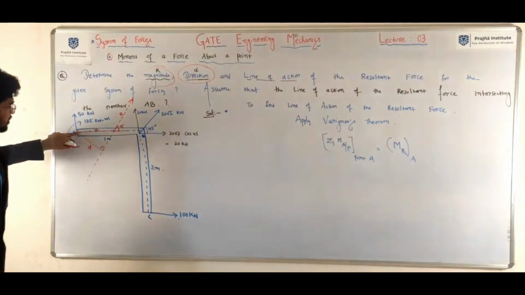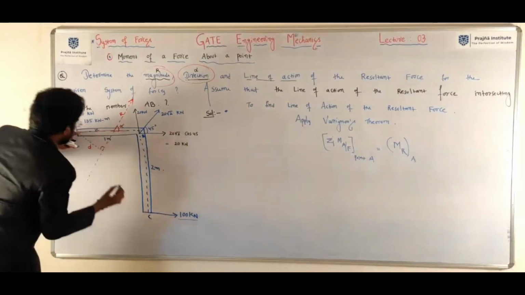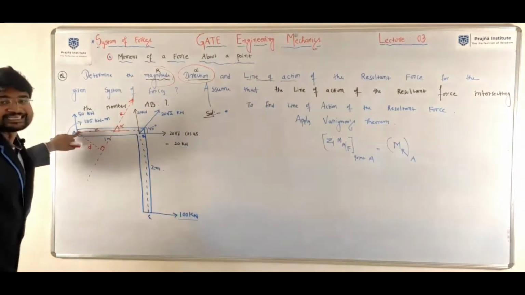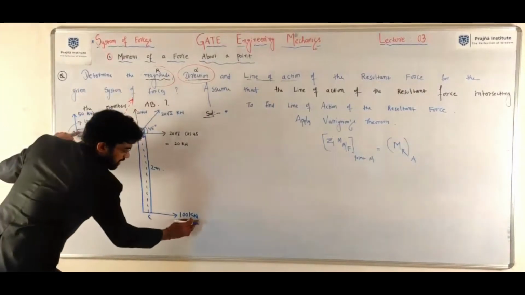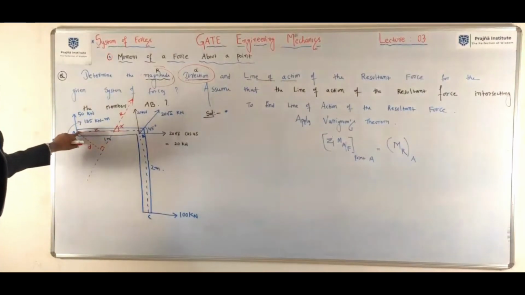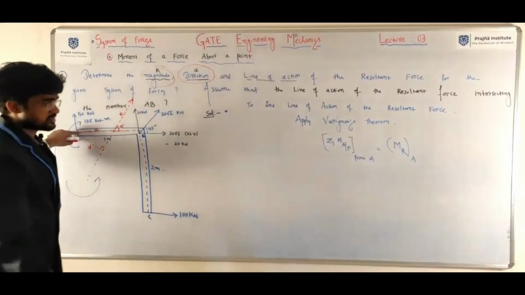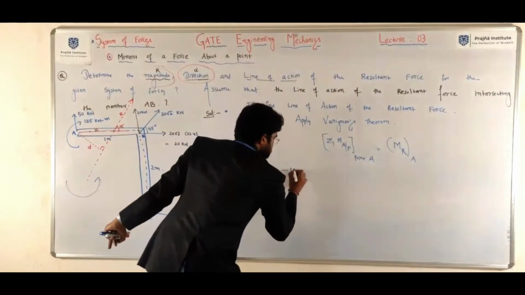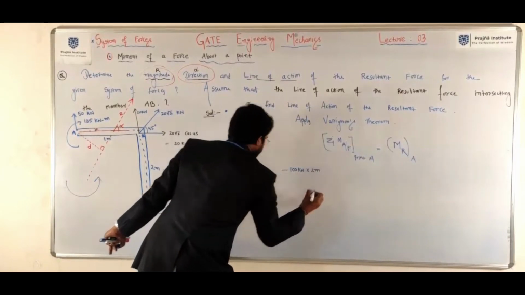Moment of 100 kilonewton about point A. Is it clockwise or anti-clockwise? This is anti-clockwise. That is why minus 100 kilonewton into 2 meter.